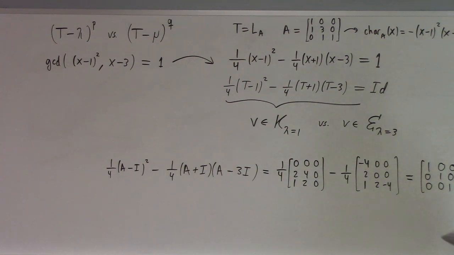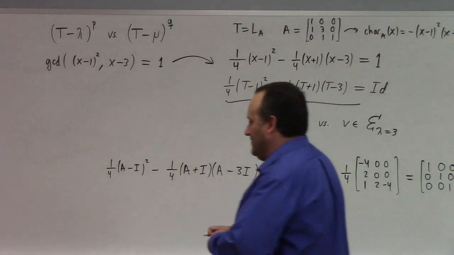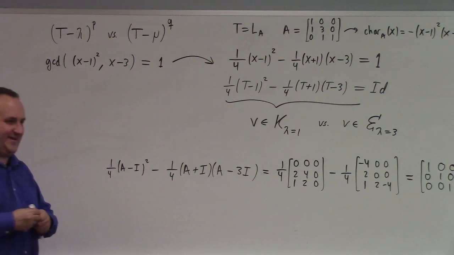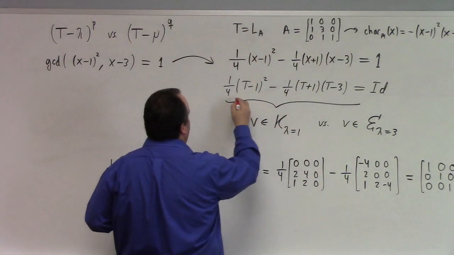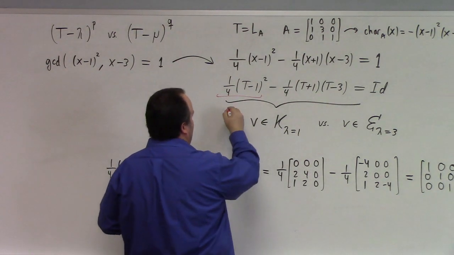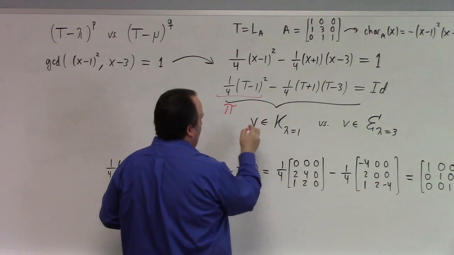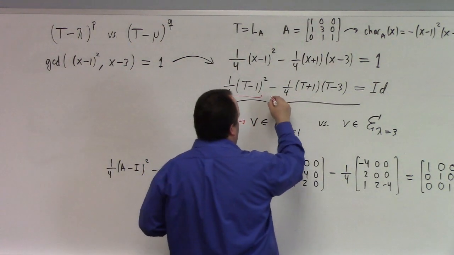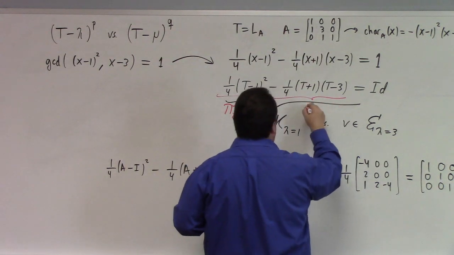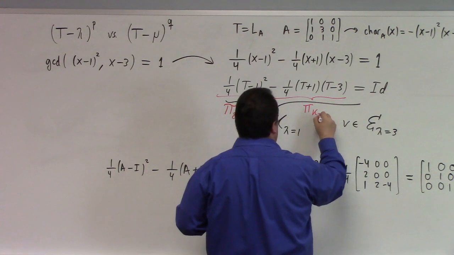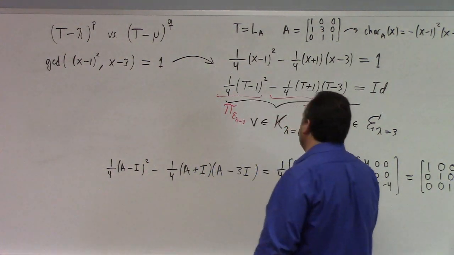So I know you guys are happy if I use pi, so let me do that. Your actual numbers. No, not that kind of pi. So this would be the projection, I believe, onto the eigenspace with lambda equals 3. And I believe this one over here is the projection onto the generalized eigenspace with lambda equals 1. Right.